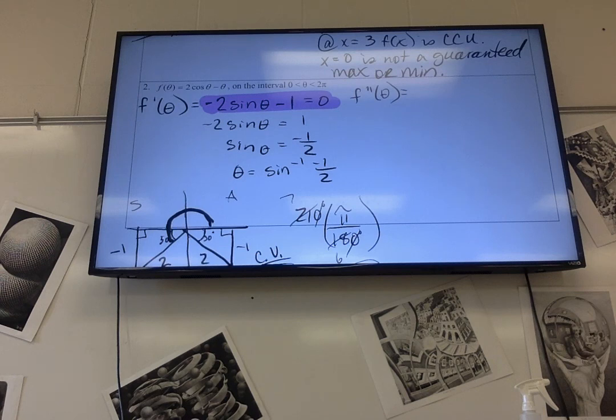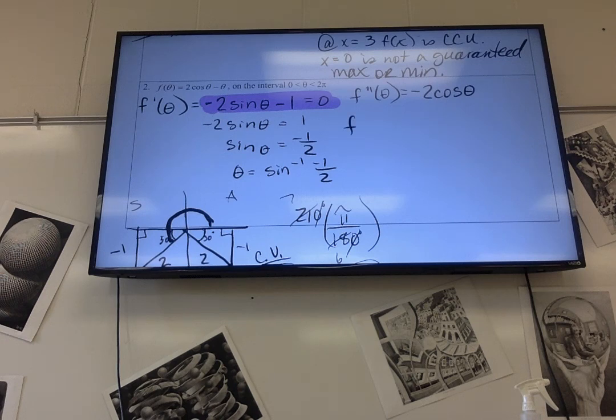The negative stays there, so it would just be -2 cosine. And then -1, of course, goes away because it's constant.